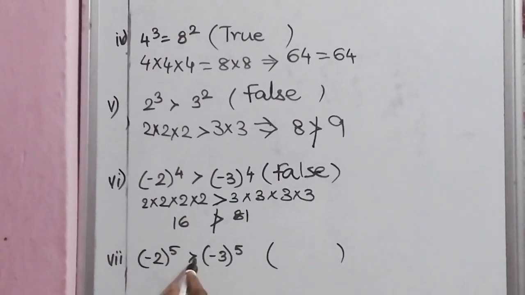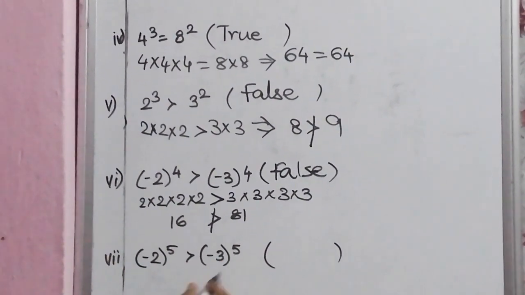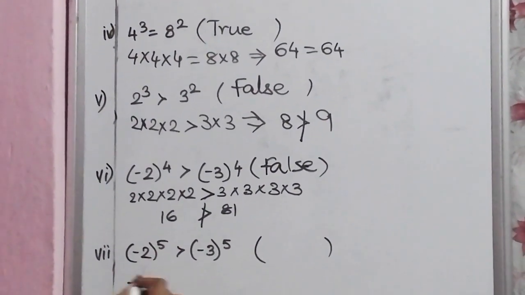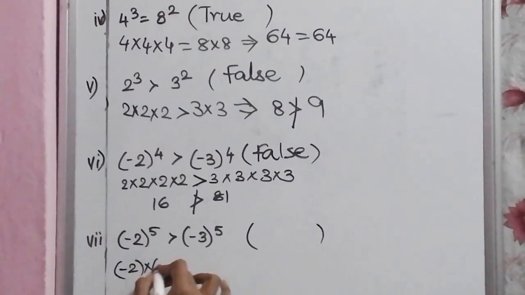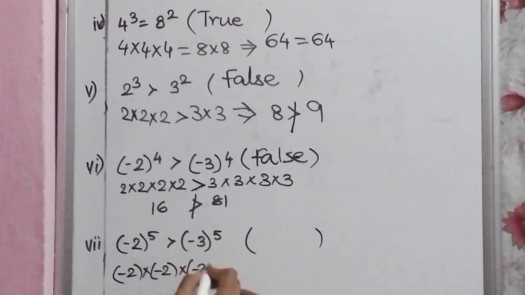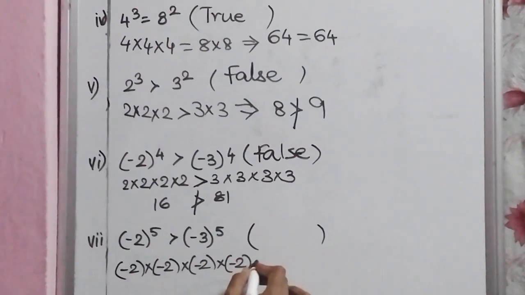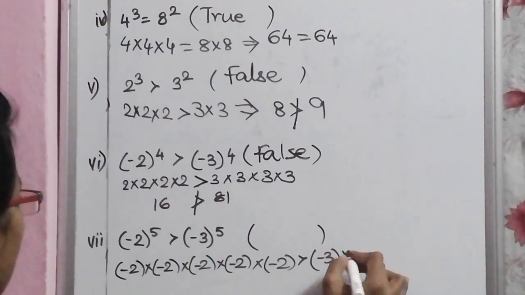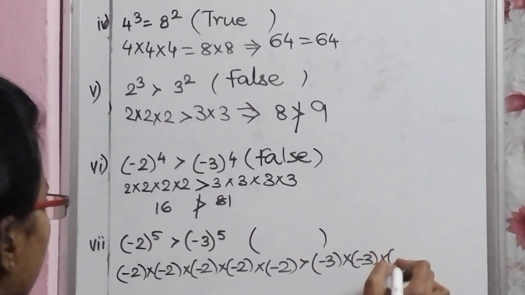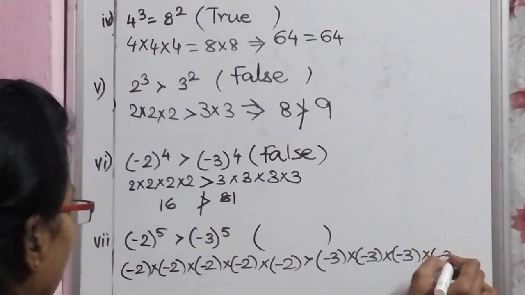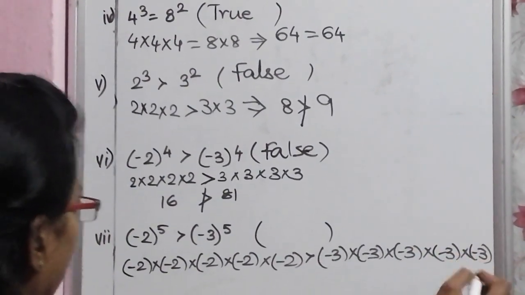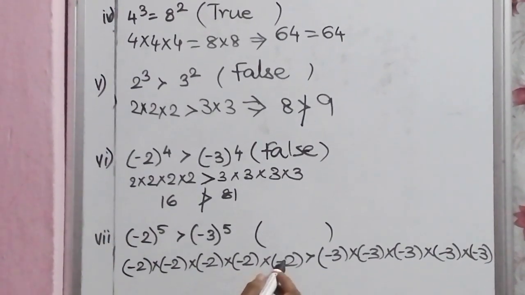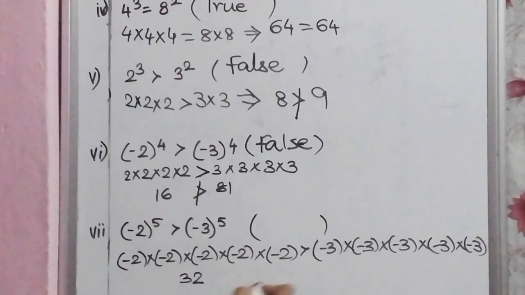Minus 2 to the power 5 is greater than minus 3 to the power 5. Let us write this as it is because it is having an odd number of values. Minus 2 into minus 2 into minus 2 into minus 2 into minus 2. This is greater than minus 3 into minus 3 into minus 3 into minus 3 into minus 3. So 2 twos are 4, 4 twos are 8, 8 twos are 16, 16 twos are 32.